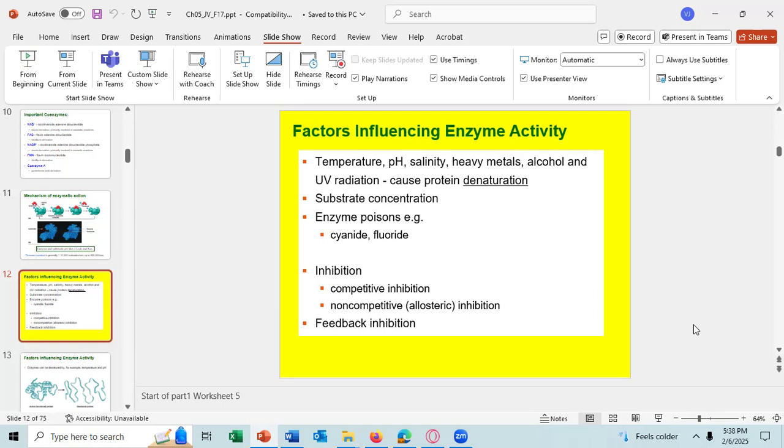So my point is, enzymes do not work in a vacuum. They need to work under specific temperatures, under specific pH, under specific salinity levels, as well as the others, or else the enzyme will not work at its optimal level if it works at all. Any question about any of that?